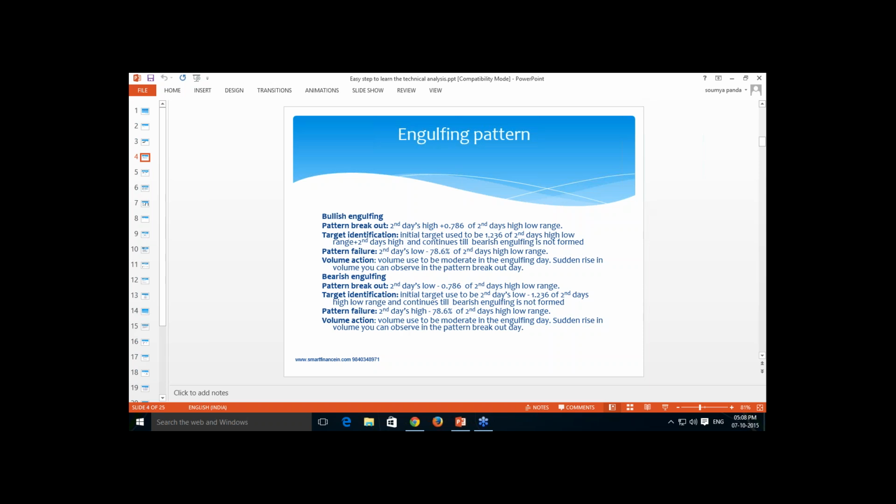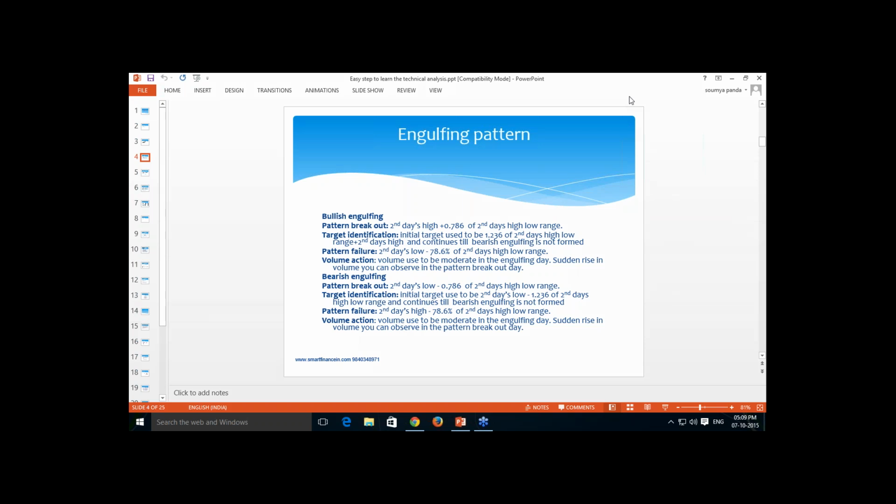So when we talk about pattern breakout, target identification, and pattern failure, here also Fibonacci plays a very vital role. The Fibonacci principle plays a very important and vital role in these candlestick patterns. Now you can also find many candlestick patterns; on the NSE site itself you have a lot of patterns.